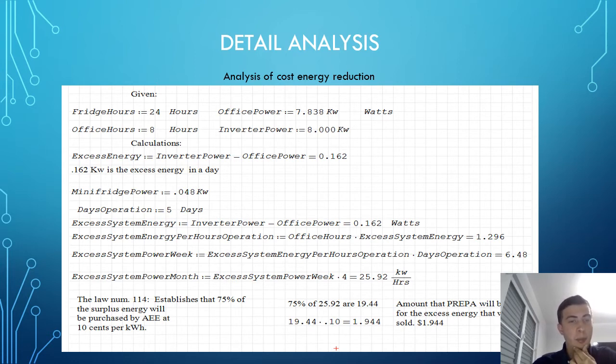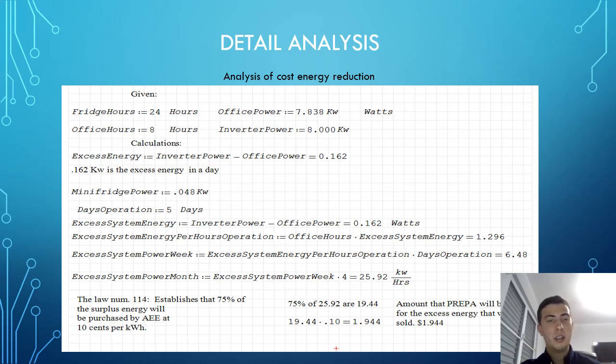The days of operation of the office are 5 days per week. The final excess system energy in the month is 25.92 kilowatt hours. That is what PREPA is going to buy. This is the excess energy of the system.